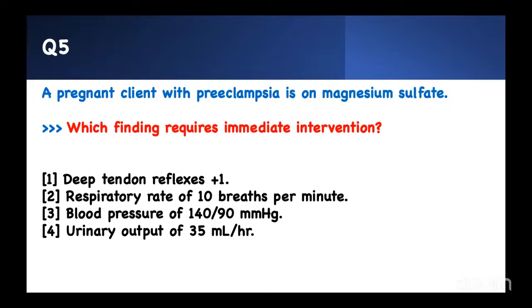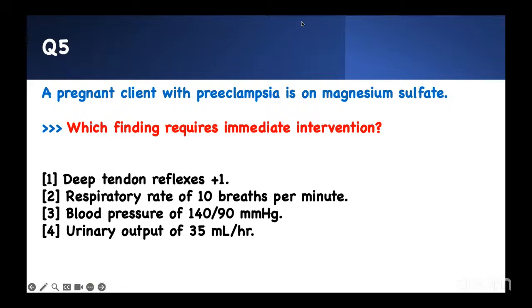When I give you magnesium, your heart rate goes down, your respiratory rate goes down, urine output goes down, your brain function goes down. But how low do you want them to go? A reflex of 1 is not 0. It has gone down, okay, I don't like it. Respiratory rate is less than 12, I don't like it. Blood pressure is normal. Urine output is normal, right?